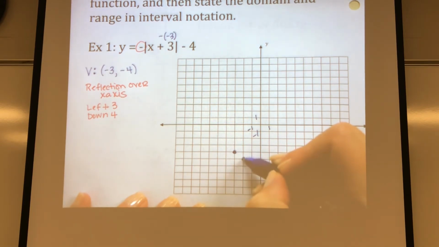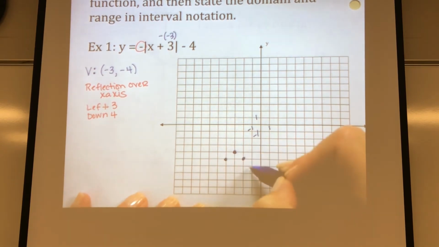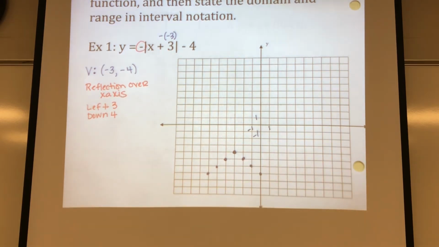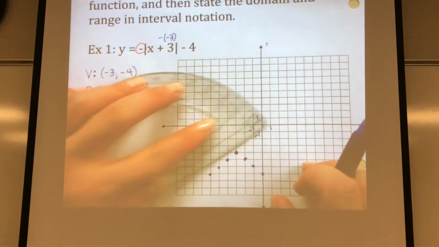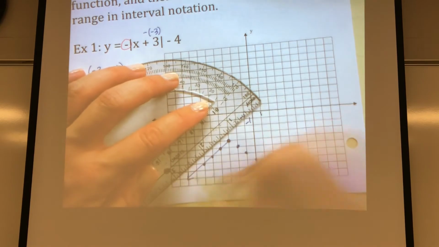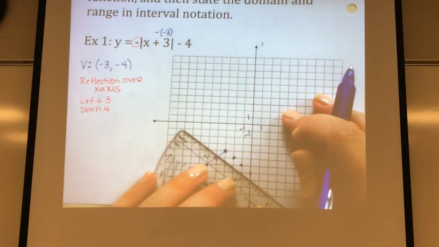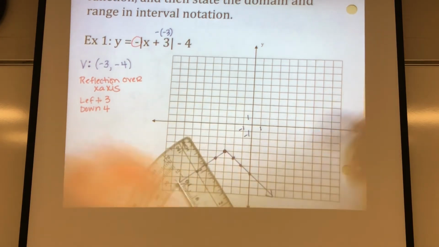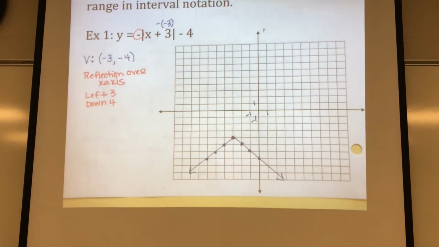It's still just going to be down 1 over 1 in each direction. So just like the parent function, we have this V shape that's opening down. Again, I will remind you, just hit pause if you need to catch up.